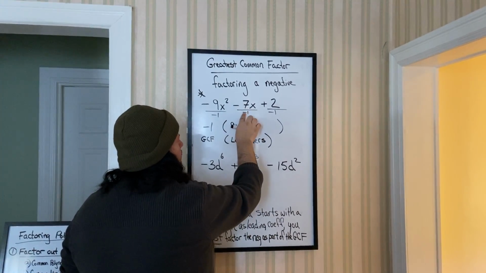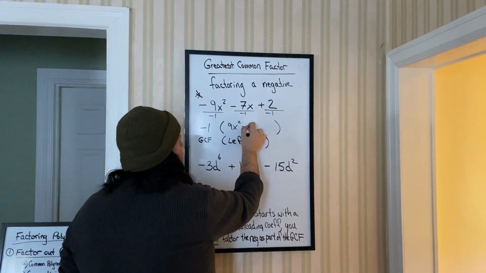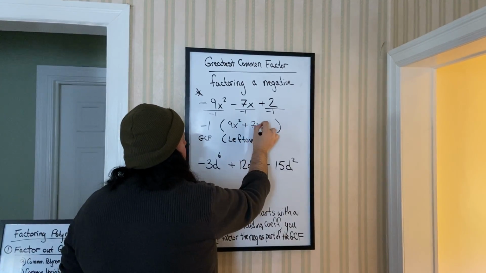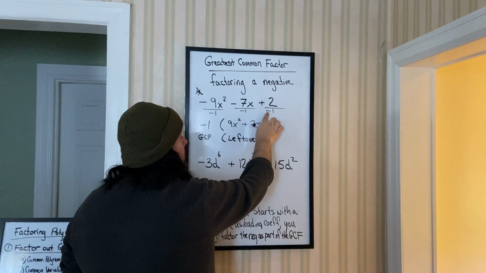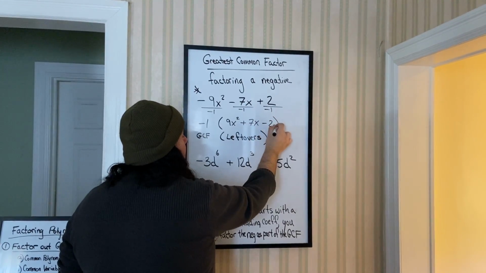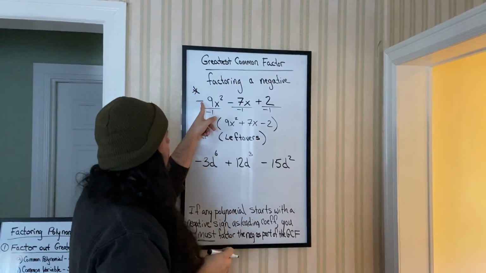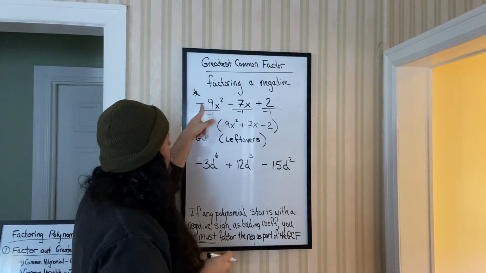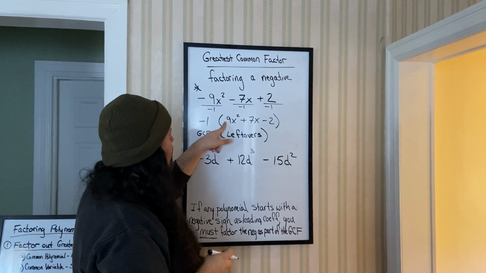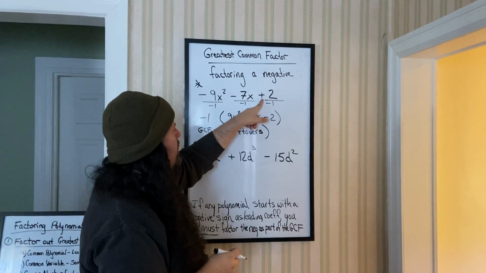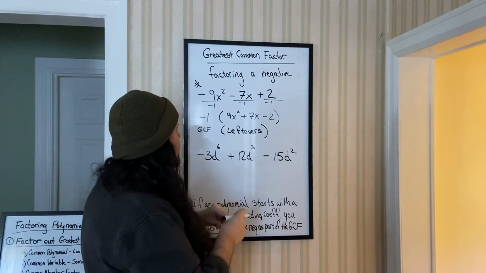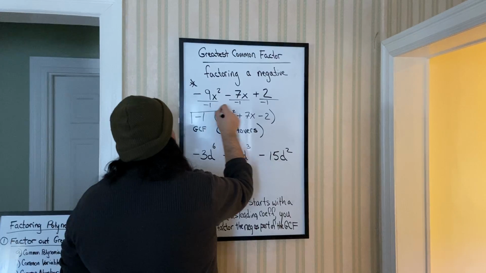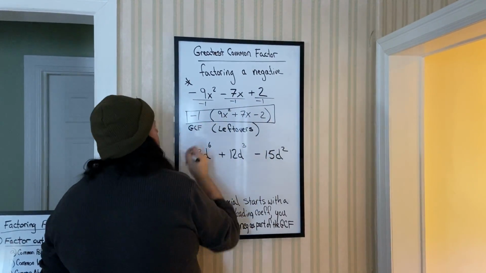Negative 7 and negative 1, divide it, you're going to get a positive 7x. And then a positive 2 divided by negative 1, you're going to get a negative 2. Notice it's just basically the inverse, the additive inverse. Negative 1 to positive, negative 1 to positive, positive 1 to negative. This would be done factoring out your GCF.